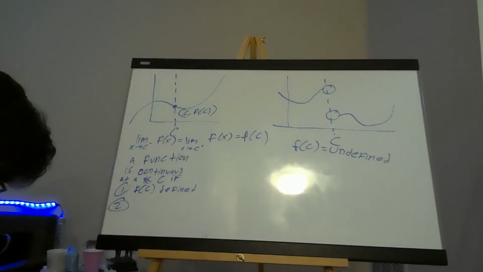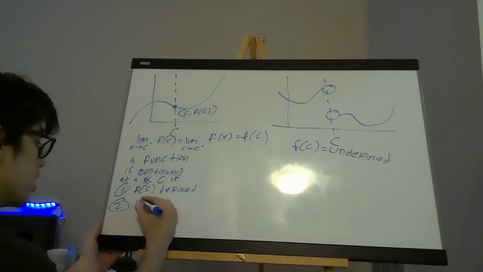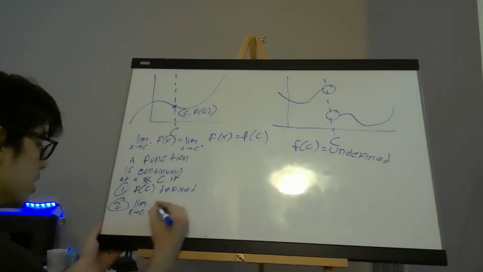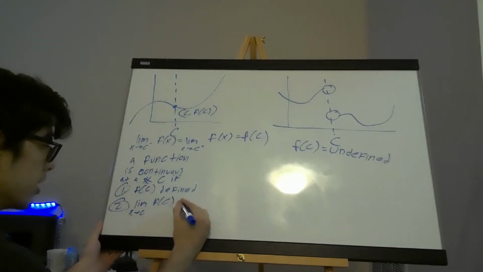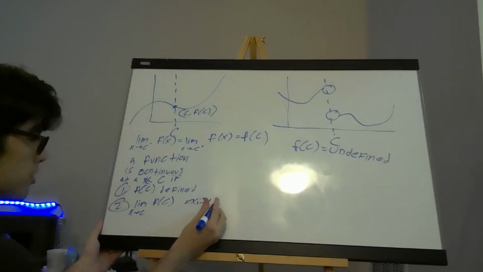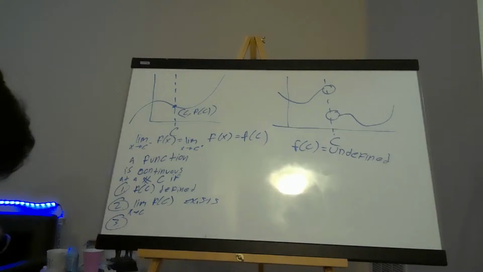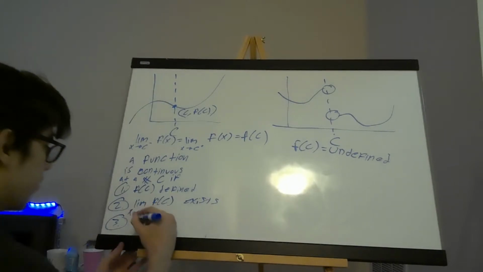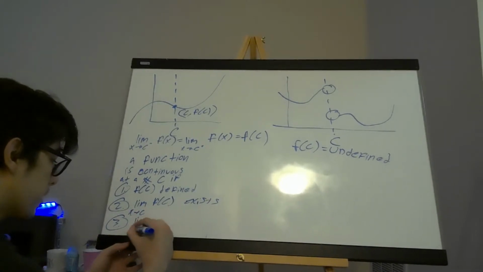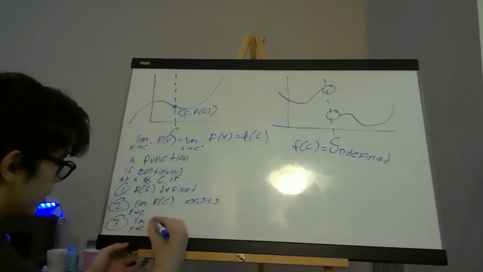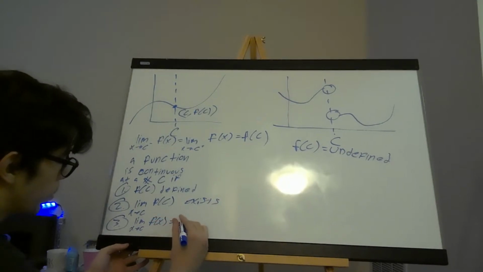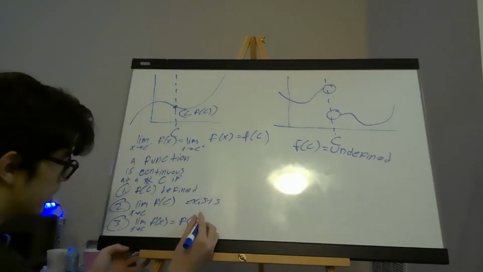Rule number 2, the limit as x approaches c exists. It's almost like these two are the same rules. Rule 3, the limit of f of x as x approaches c equals f of c.